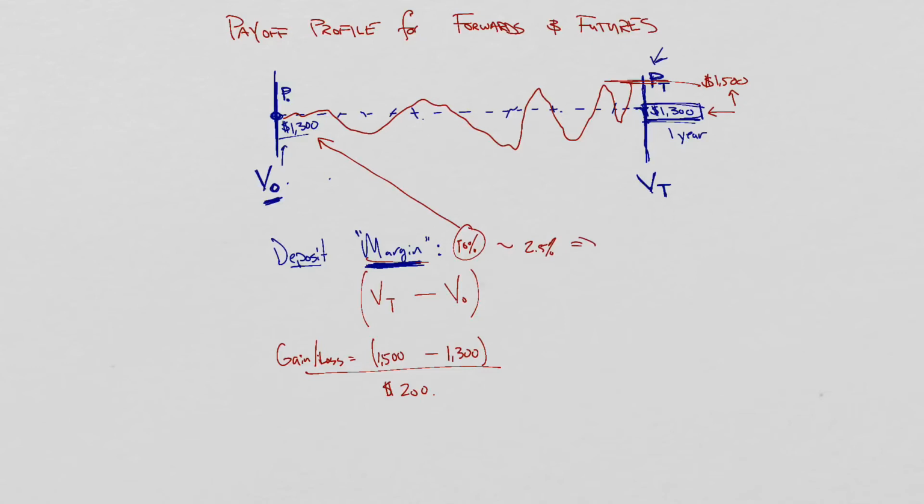I only need to put down $130 to enter into this contract. And you can see here, I made $200 based on this difference because Google went up. And that's the massive effect of leverage. I made $200 on a $130 investment.